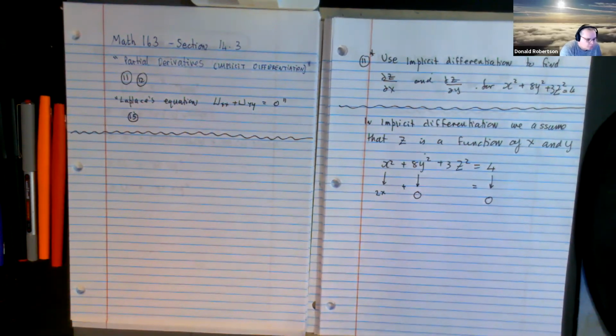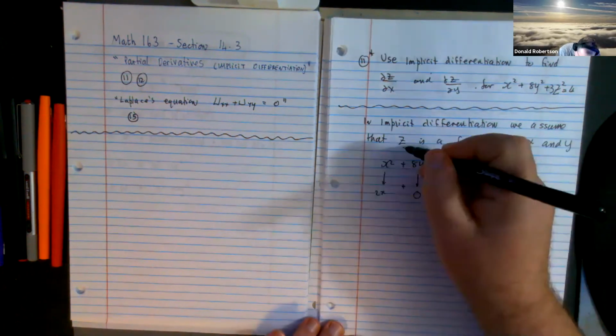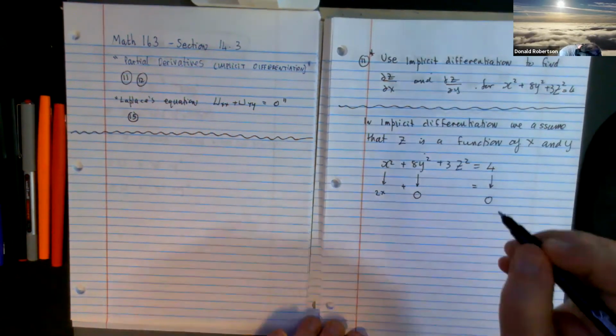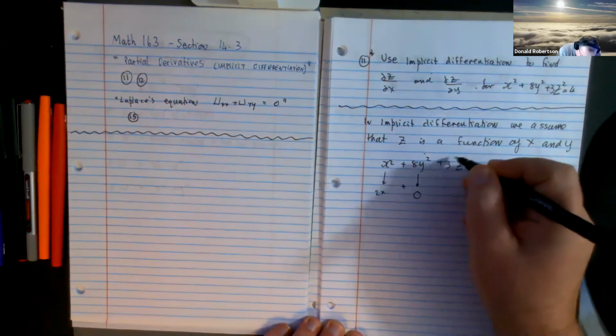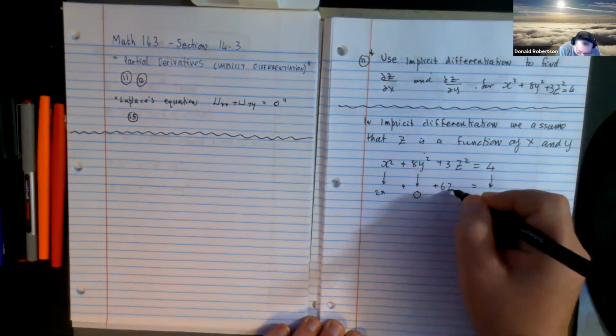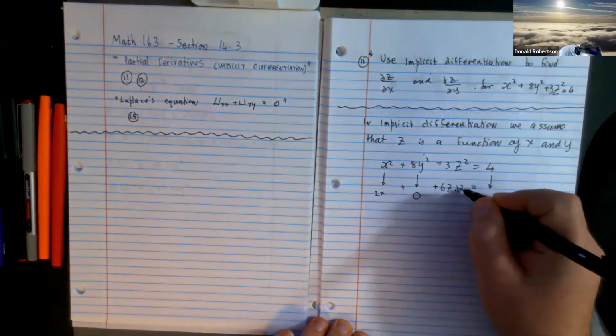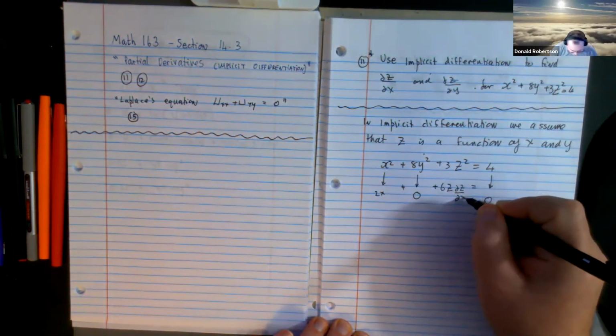He would in a normal kind of derivative, right? Because z is not x. But since z is a function of x and y, we treat this guy and only the z guys differently. I'm going to do a power rule. So differentiating 3z squared is 6z. And then I finish with dz by dx.